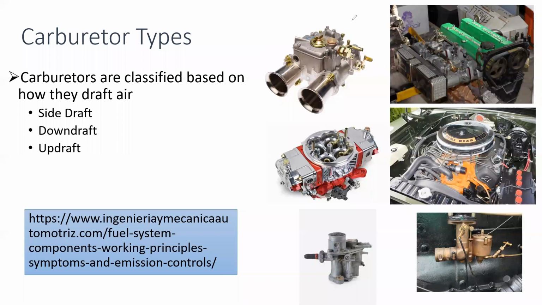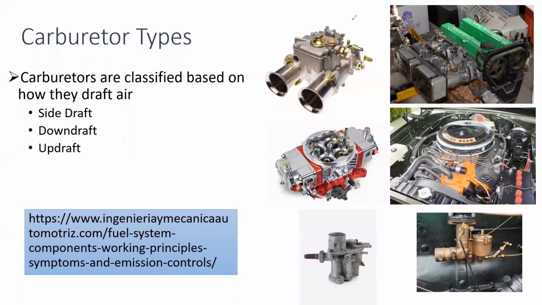To avoid putting more fuel into the system and flooding it, they selected the updraft system. If more fuel comes into the venturi, then only the necessary amount of fuel will be sucked into the cylinders.